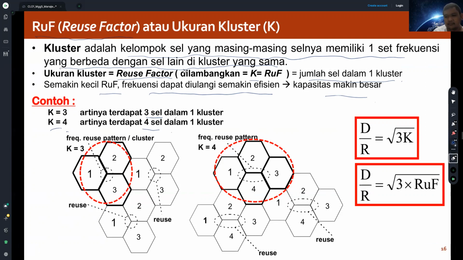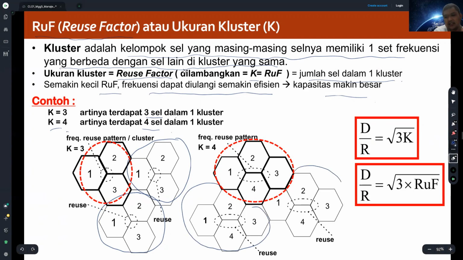Now, we could see in the drawing over here that for K equal to 3, there will be around 3 clusters that have 3 cells each. And in the picture on the right, we could see that within one cluster there will be 4 cells each. Okay, this is K equal to 4.